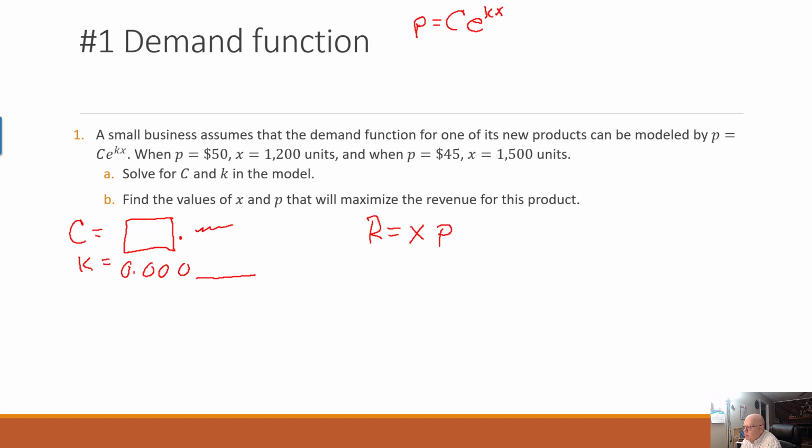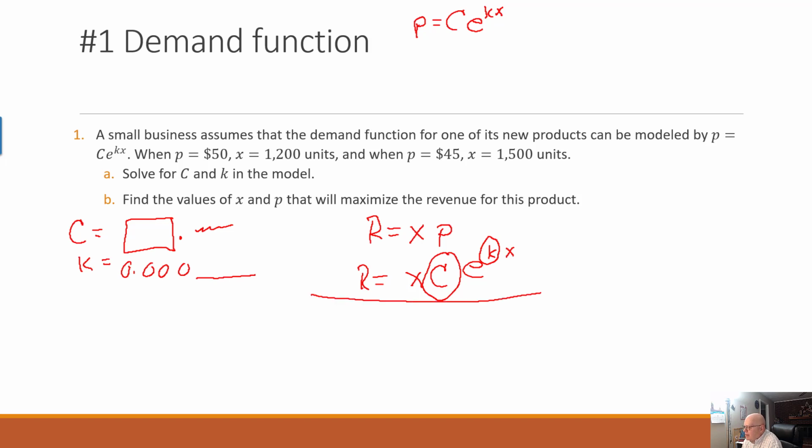Multiply X times both sides, and you get R equals X C e to the KX. Now, the X you don't know. You do know what C is, so you can write this in. I don't have it right off the top of my head. That's something you can take care of. Also, this K, you can put that value in you just found.